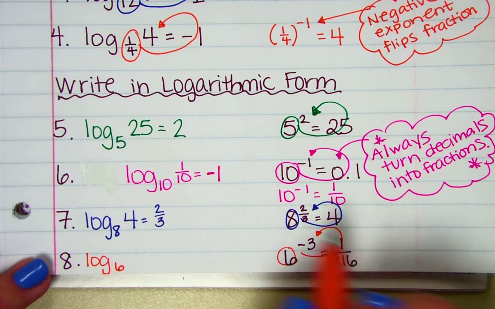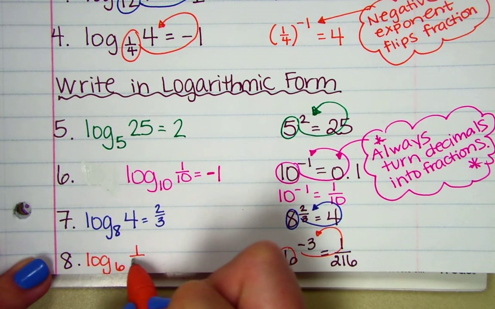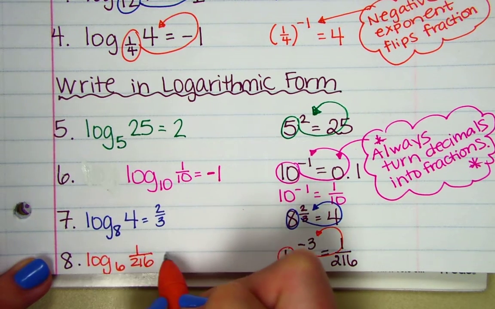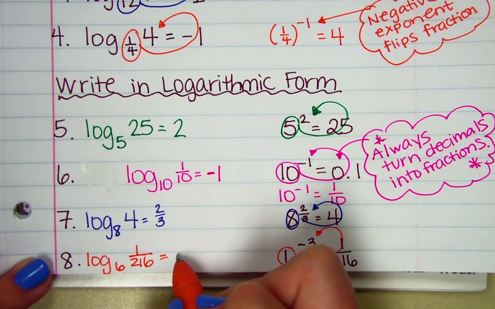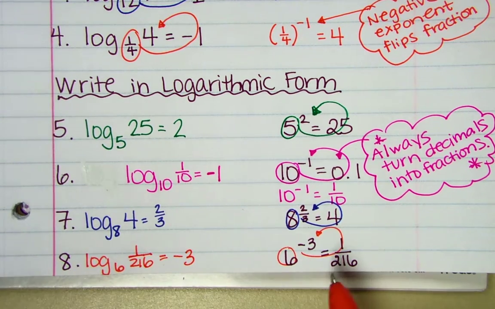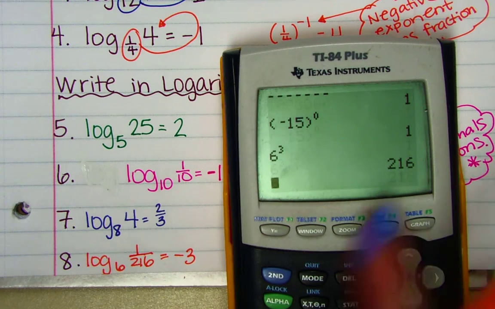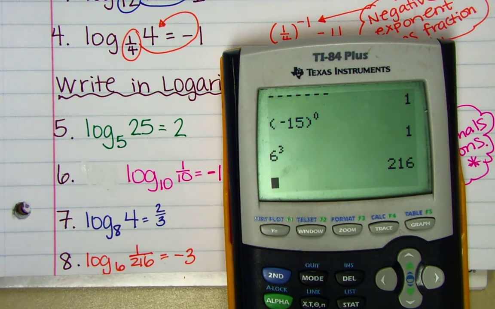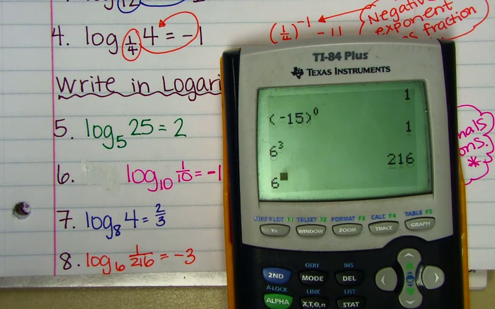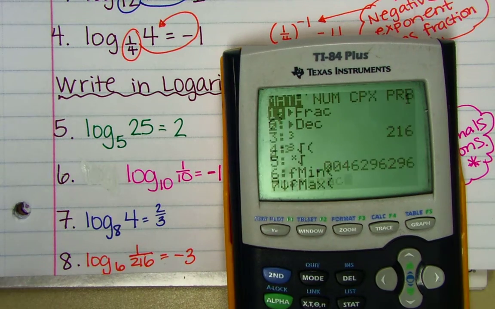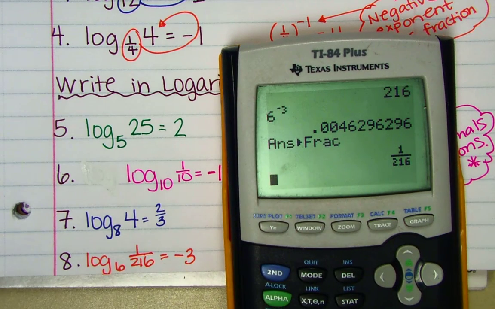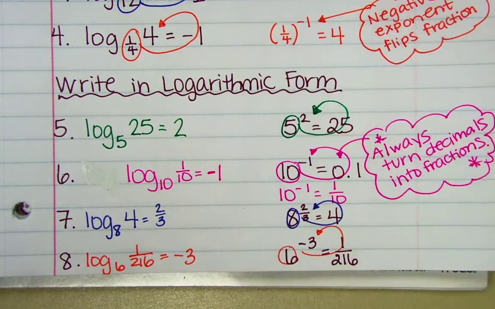All right. 1 over 216 equals what? Negative 3. Again, do y'all see what I mean, though? The negative made it a fraction. The 3 is how I got 216, because 6 to the 3rd power is 216. But it was negative, 1 over 216. Okay?